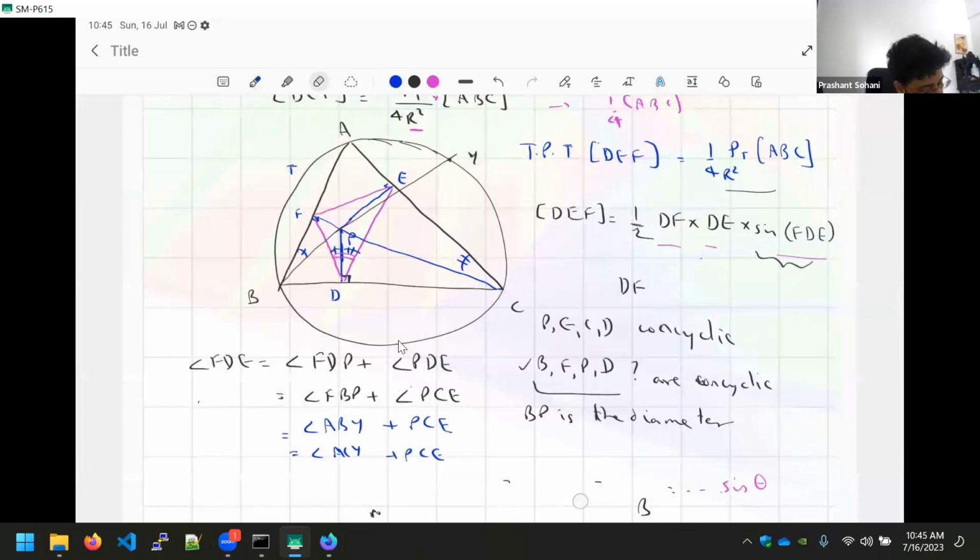Okay, so therefore adding the 2 parts back together, right? So this blue angle which I've marked over here will also be equal to this angle. And so therefore we get angle PCY. So angle FDE is equal to angle PCY.